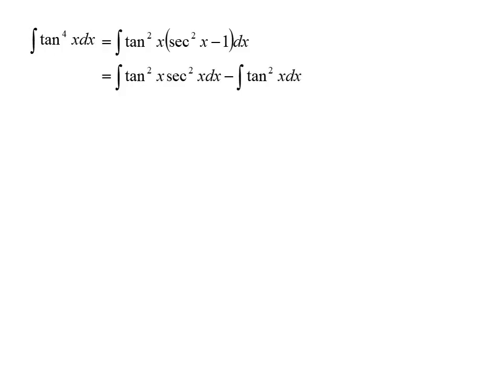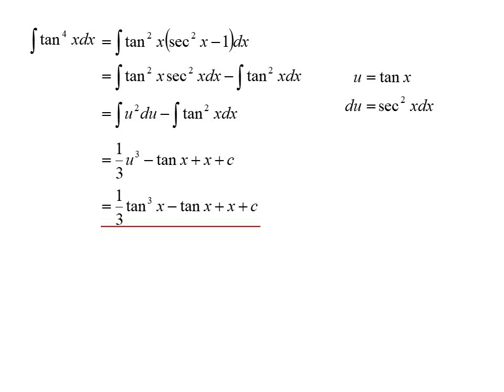Tan to the power of 4 then, it is no different with tan. I'll just pull out a tan squared, which I can change to sec squared minus 1. Change it into 2 integrals. I'll always get one where I've got derivative times function. In this case, the function is tan squared. And then I'll have another tan integral to do, the integral of tan squared. So I can do my substitution for the first one.